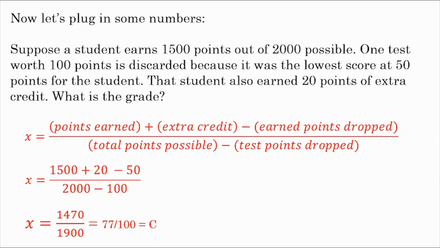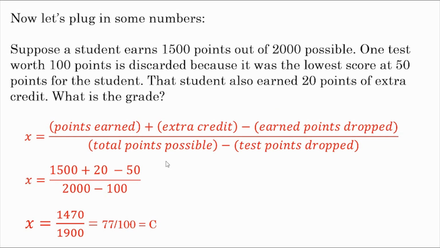Finally, let's take a couple of problems. Let's plug in some numbers. Suppose a student earns 1,500 points out of a possible 2,000. One test worth 100 points is discarded because it was the lowest score at 50 points for that student. That student also earned 20 points of extra credit. What's the grade? Here's the formula. Plug in the numbers. 1,500 goes here. 20 points of extra credit goes here.